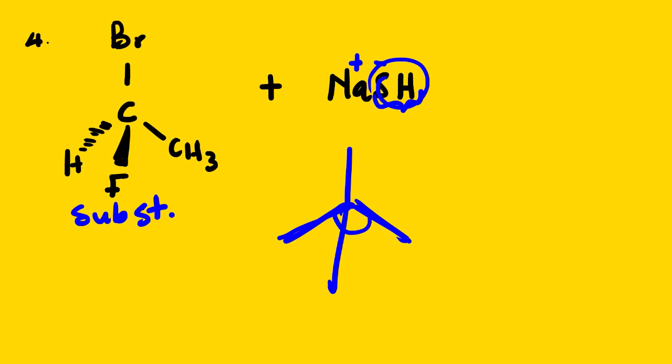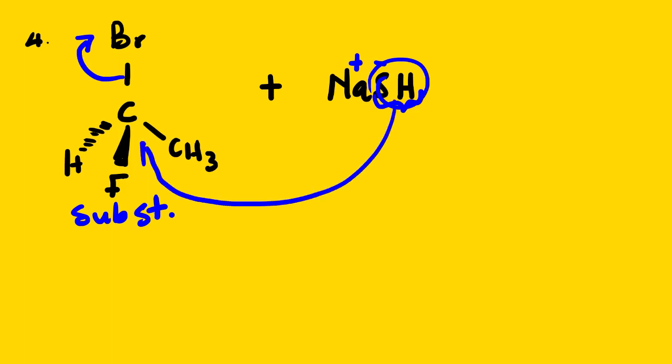So here we do have a space whereby our nucleophile will have to attack. So it's not going to replace anything. So as our leaving group leaves, and then we have our nucleophile attacking at the back, then it will result into something like this.